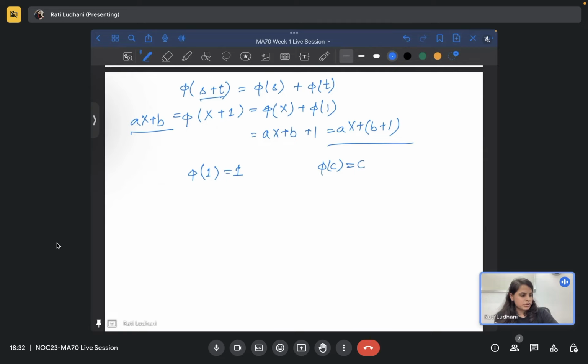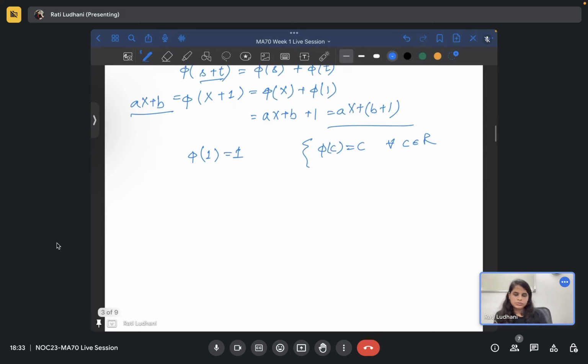That means for all c belonging to R, if you fix that, then identity will map to identity for sure. So there is no problem there. But when you take any polynomials, let's say F(x) and G(x), I should write properly.